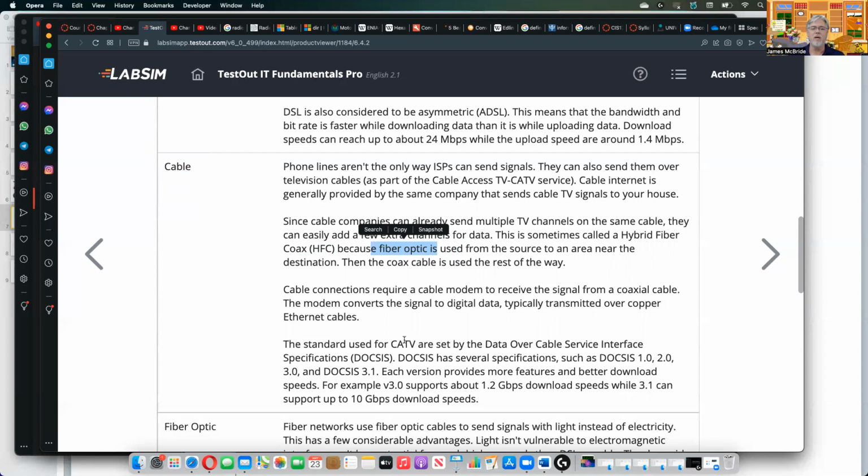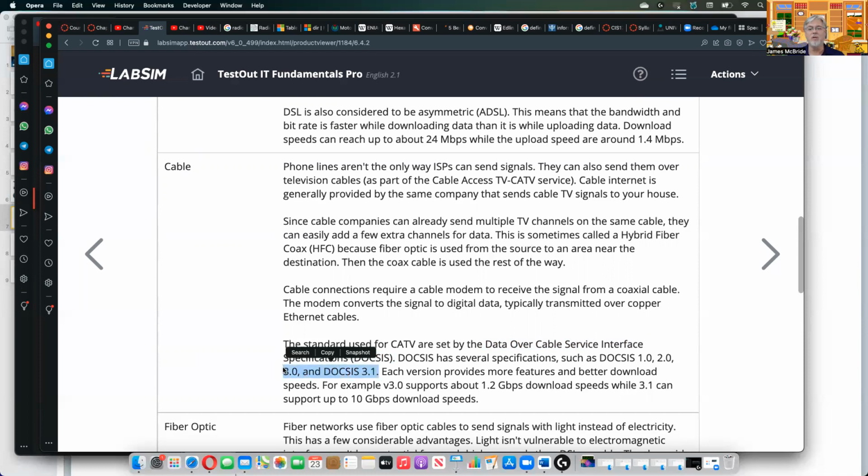And so you do end up with data over cable services, and they call this a modem because of what it does, not so much the modulation, demodulation. And that has a specification called DOCSIS. And we are up to 3 and 3.1 is what most are dealing with.